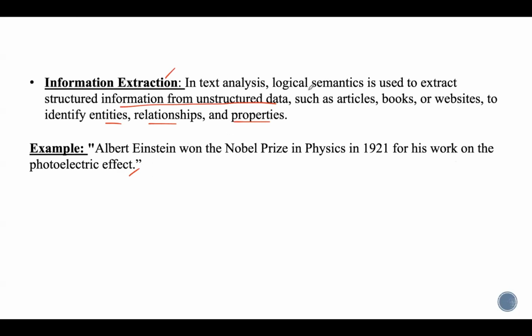Logical semantics is used to extract structured information from it. The extracted information will be: person, Albert Einstein; award, Nobel Prize in Physics; year, 1921; and the reason for the award, the photoelectric effect. So this information will be extracted.